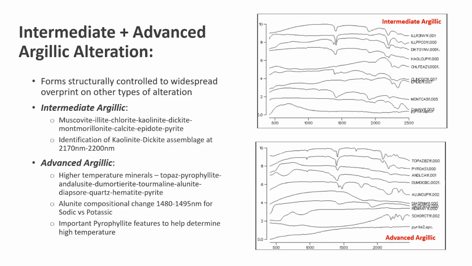In advanced argillic settings, key indicators include alunite composition shifts at 1480, 1495, and pyrophyllite features, which signal high temperature conditions. These spectral markers help confirm advanced argillic alteration and its associated acidic or high temperature environments.